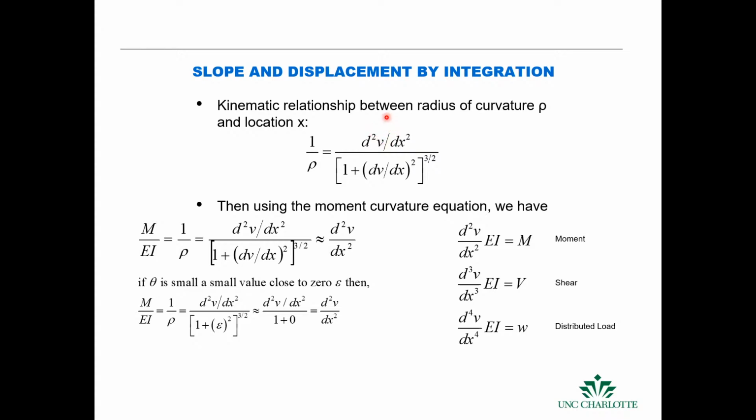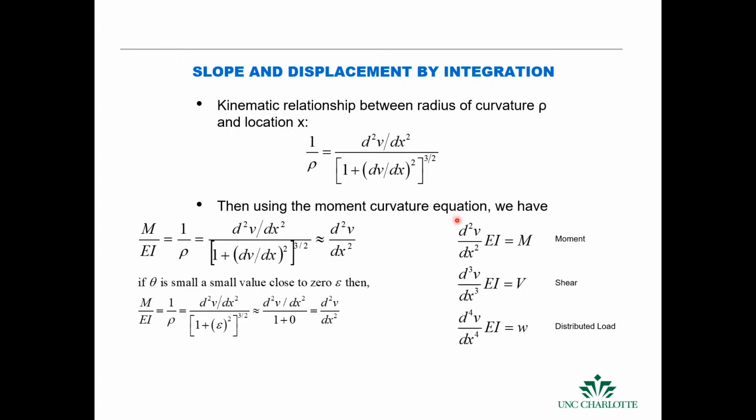Okay, so that allows us to use this equation and replace the 1 over rho with this deflection. And then that gives us a relationship between an applied moment at a beam's cross section and its deflection.